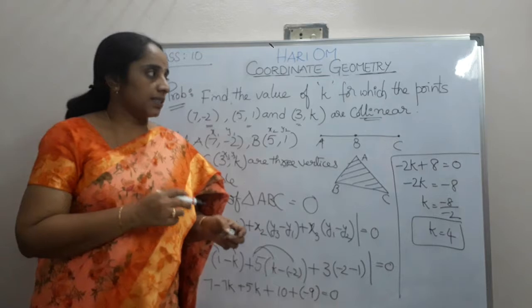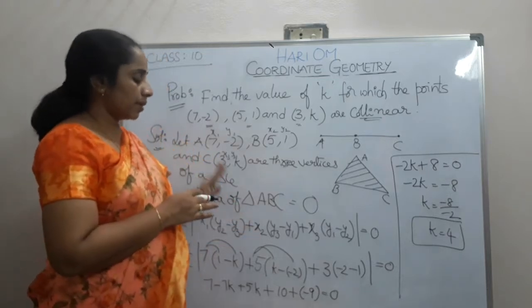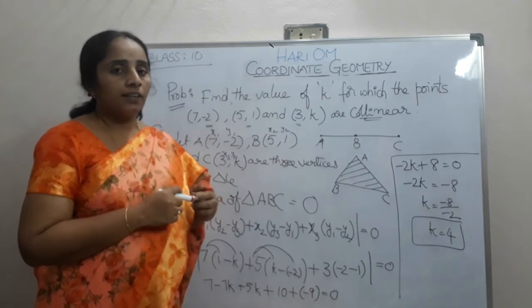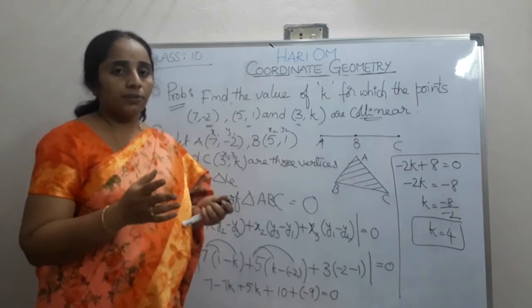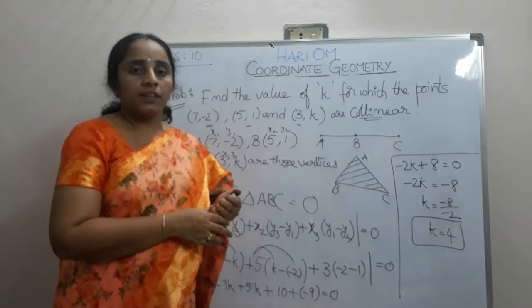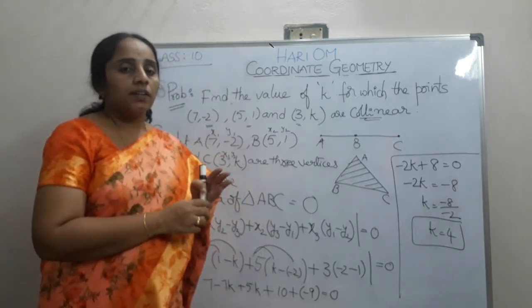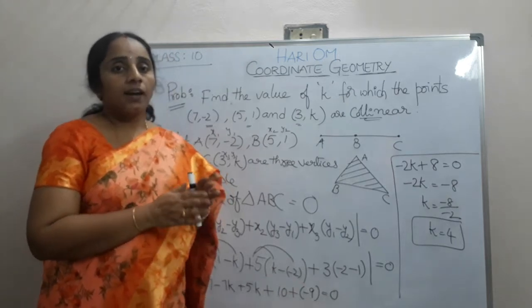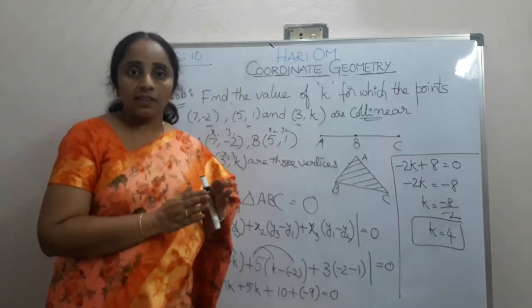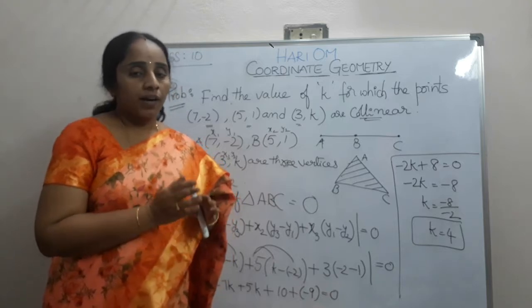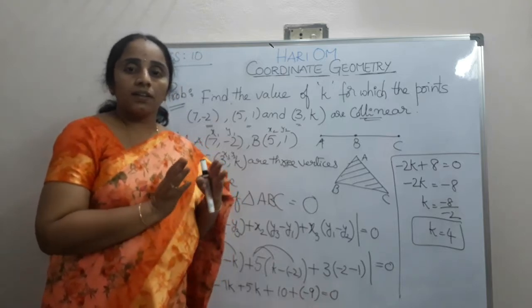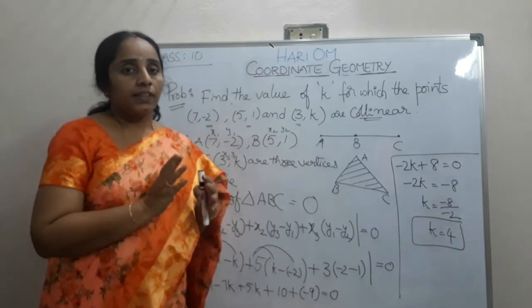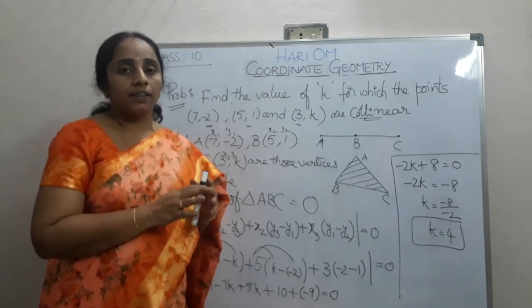So this is the next model using this formula, and finally we have the quadrilateral, which you can do by dividing with the help of a diagonal. Divide a quadrilateral into two triangles and find their areas individually, and finally add the areas of the two triangles, then you get the area of the quadrilateral.